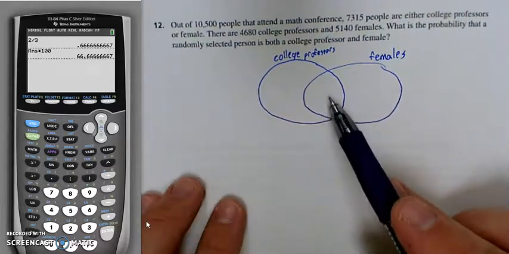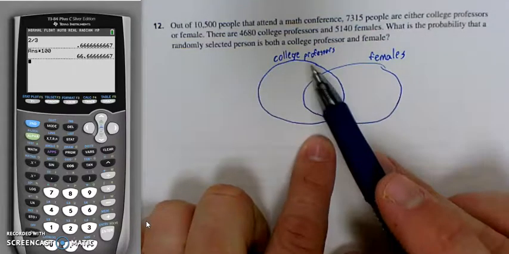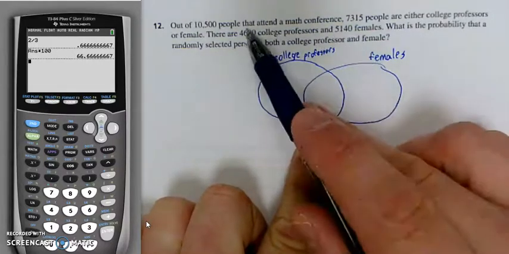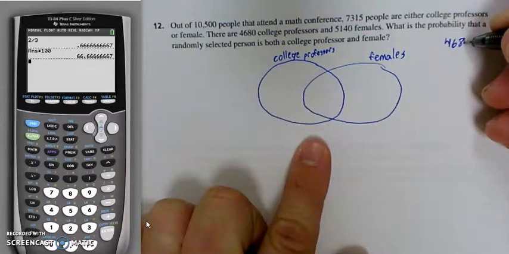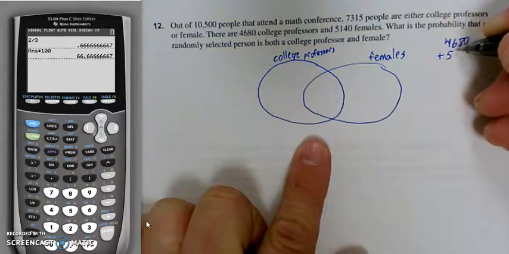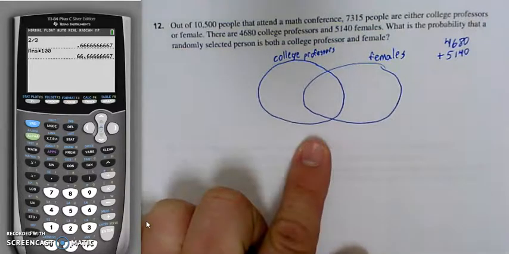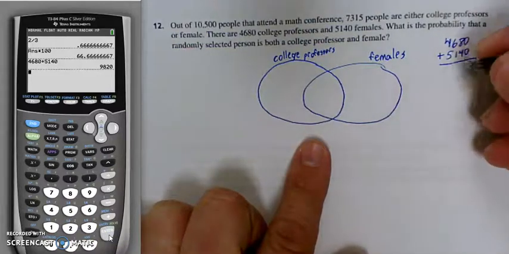To find the intersection, I'll add up the number of college professors and females, so 4,680 plus 5,140. I'm just going to use a calculator for that. And that's going to be 9,820.